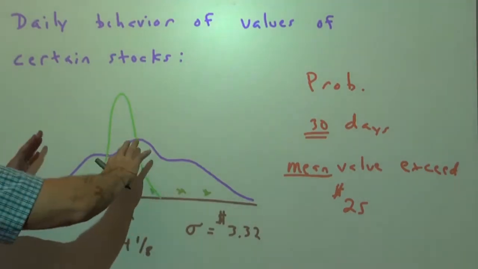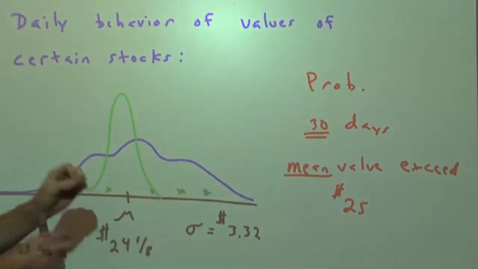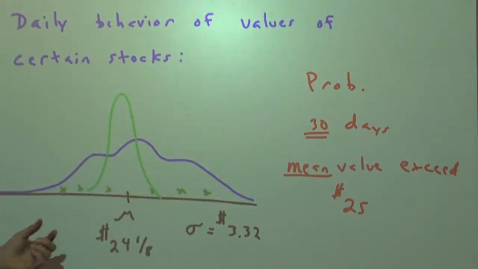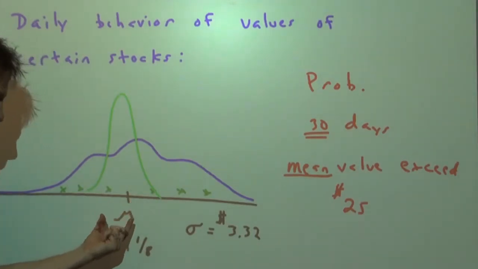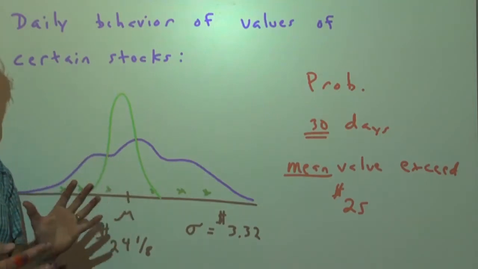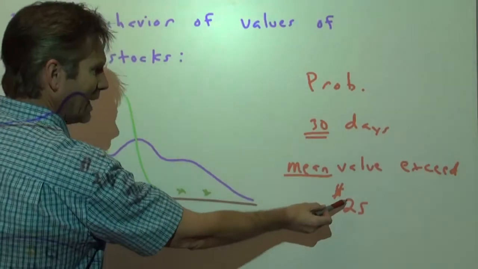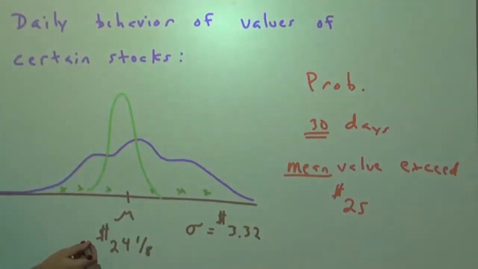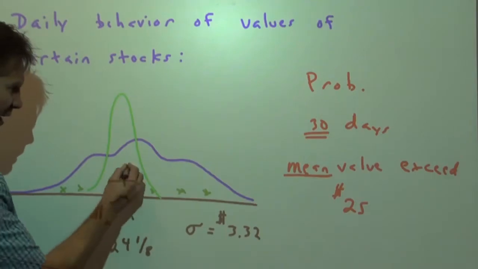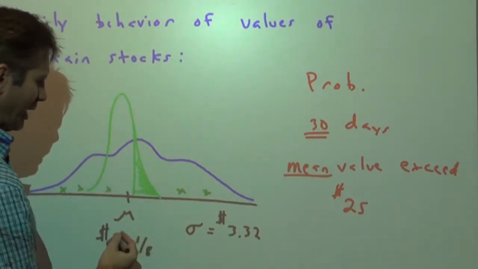And so even though the population is multimodal, because you take a sample of size 30, the central limit theorem kicks in. The central limit, the limit of the center, it's approaching the mean. That's why it's called the central limit theorem, the center being the mean. And so it's normally distributed. Now all we have to do is find the probability that our mean would exceed $25. That's up here somewhere, and we'd find that probability right there.